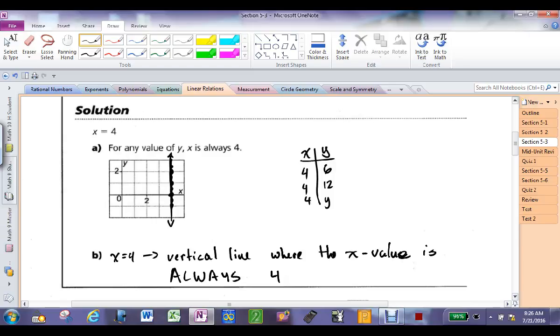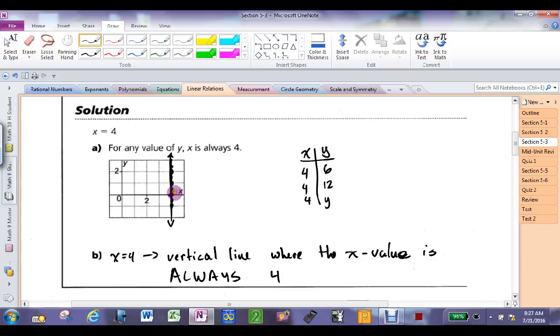Because when we say how do we find x? We count along the horizontal axis, don't we? So usually kids are like, well, if it's x, it should be a horizontal line. Until you actually think about the Cartesian plane, right? For x to never change, the line must go straight up and down.